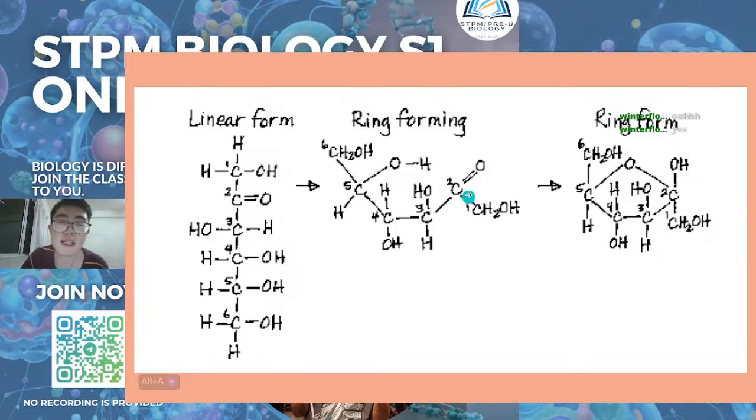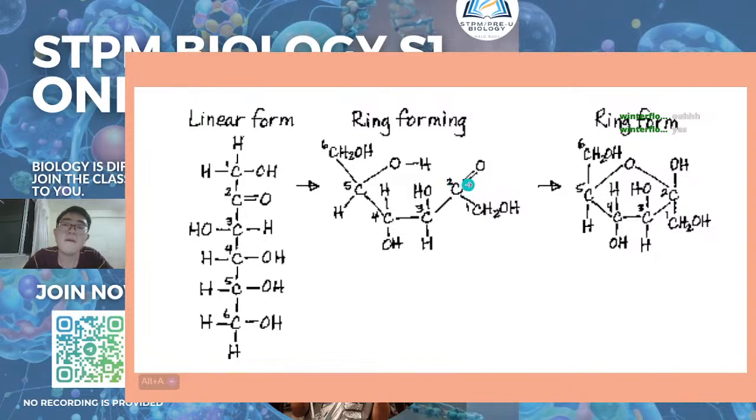If you see this structure, the carbons are bonded from C number 1 to number 2, 3, 4, 5, 6, the same as glucose at the beginning. But C number 2 and C number 5 need to be modified. For glucose, C number 1 will directly bond to the oxygen atom of C number 5, right?